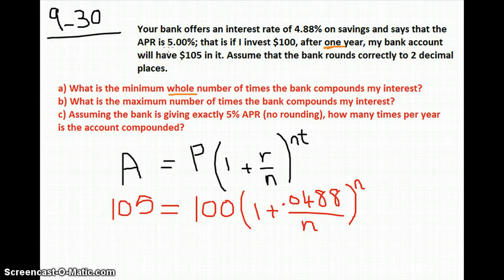So the bank is really offering 4.88. That's what they're really offering. Now, they're saying, when you walk in the bank, okay, I'm going to give you 5% interest rate. But that's not what they're really offering. What's really happening at the bank is it's 4.88. So that's why I plugged in 0.0488, because 4.88%, change that to decimal as we agreed, then it's 0.0488.